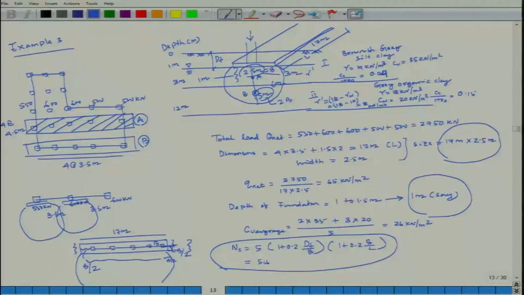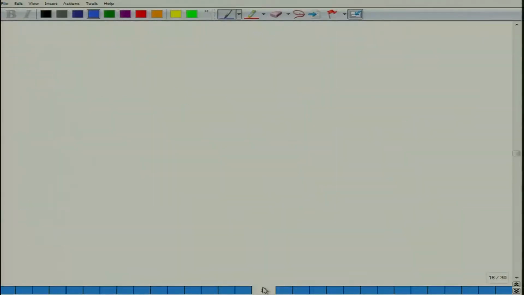There is another long problem, which I plan to do in the next class also. Just in brief, it is your example 4. Look at the dimensions given; I will just give a brief outline, then I will stop because it will take a long time here.